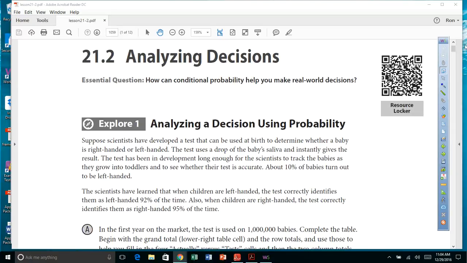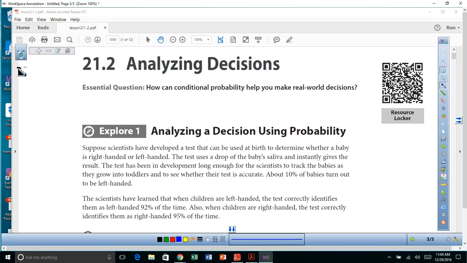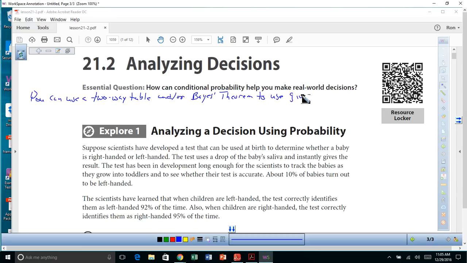Okay, so let's see here. You can use a two-way table and/or Bayes' theorem to use given information to calculate a conditional probability.